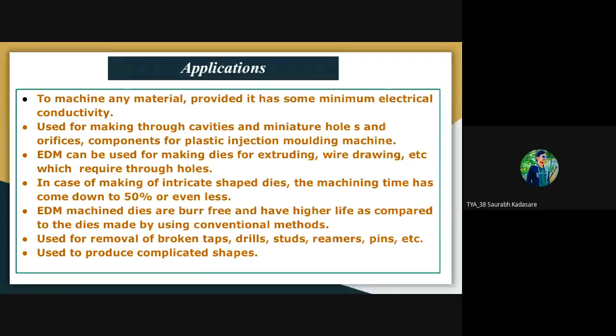Then the EDM machined dies are free from burr and have a high life as compared to dies made using conventional methods. Again, it permits the use of more durable die materials, which are carbide, hardened steel, exotic, etc.